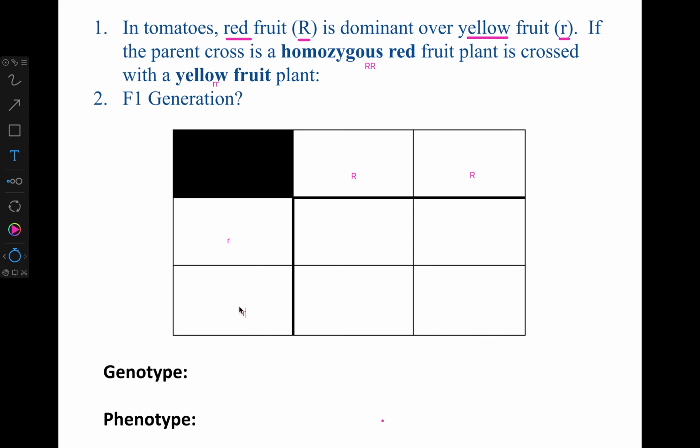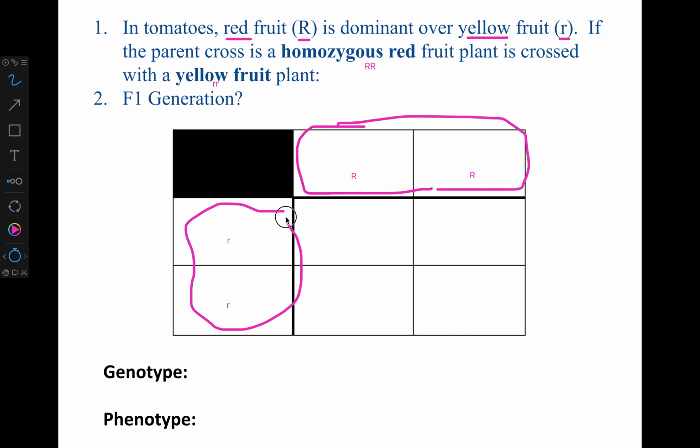It doesn't matter which parent you put on which side, but you do need to make sure that this is the options from parent 1. That's the only option. And these are the options from parent 2. So they stick together on their side, and then we just complete our little Punnett square.